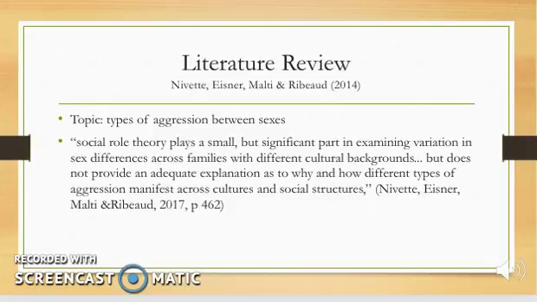They were able to find through different questionnaires and the academic performance assessments that the teachers gave that a social role theory plays a small role in the variation in sex differences across families with different cultural backgrounds. However, this doesn't explain why there is a different aggression manifestation across the cultures and social structures.